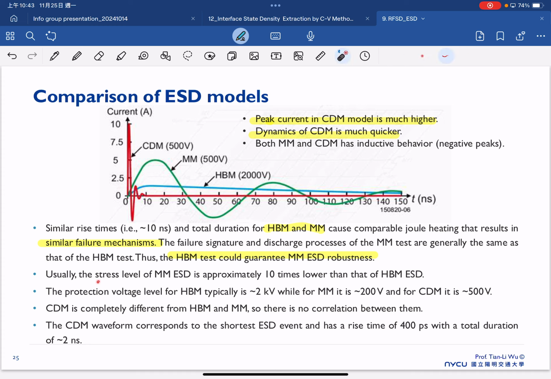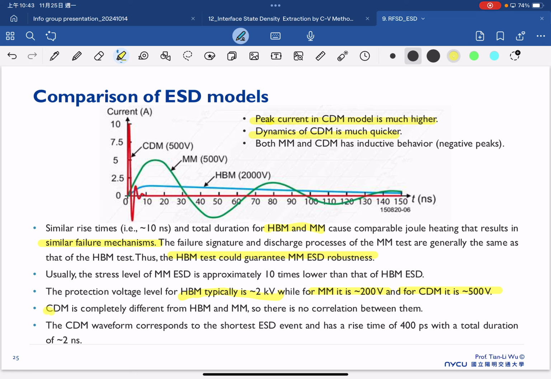And usually the stress level for MM is approximately 10 times lower than the HBM. This is just empirical experience. The protection voltage level for HBM is typically 2000 volt. This is why in the previous slide I mentioned that usually customers at least want 2000 volt, while for MM it is 200 volt and CDM is 500 volts here.